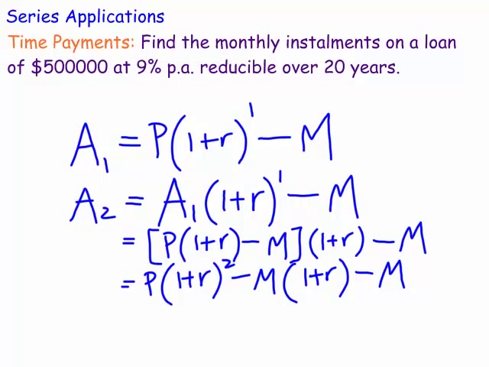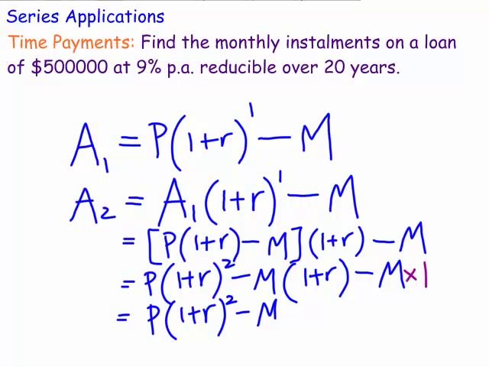Then we normally would rearrange this, so we'd say P(1 + R) to the power 2 minus M, and I'll just change this to show this is M times 1. So I then would rewrite that as, I'll put square brackets here, 1 plus R. Now, we can actually put that in brackets, might be a good idea.